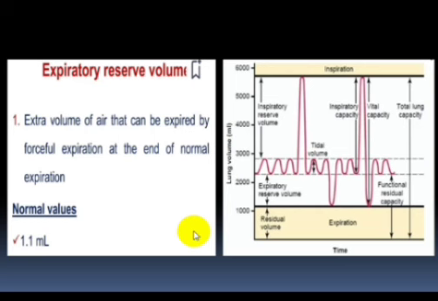The next one is the expiratory reserve volume. This is the volume of air expired forcefully during normal or tidal expiration. Okay? So you are bringing out as much air as you can from the lungs.